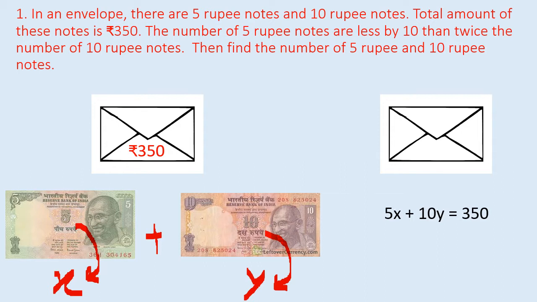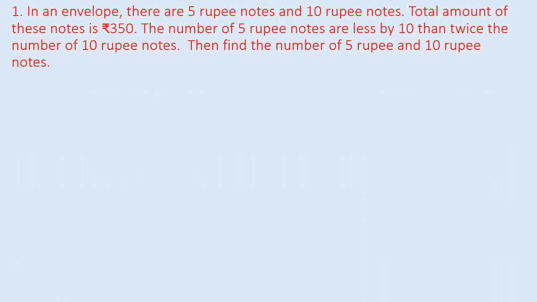Now what is the second condition given to us? Let us have a look. The second sentence says that the number of 5 rupee notes is less by 10 than twice the number of 10 rupee notes. Let us follow the sentence properly. First I say the number of 5 rupee notes.